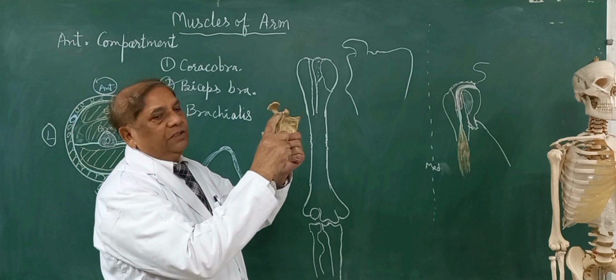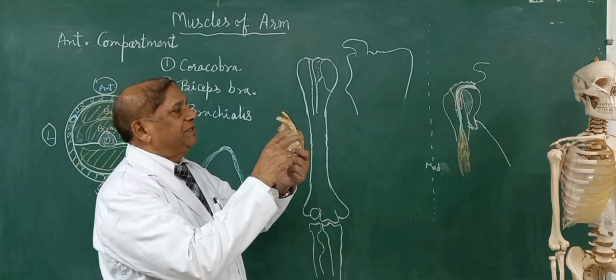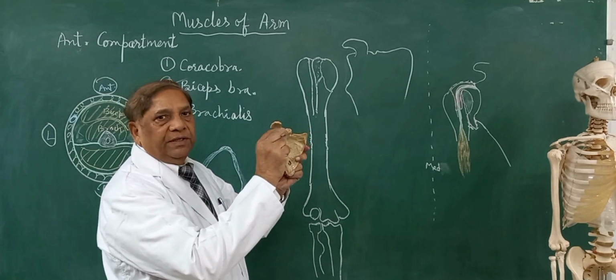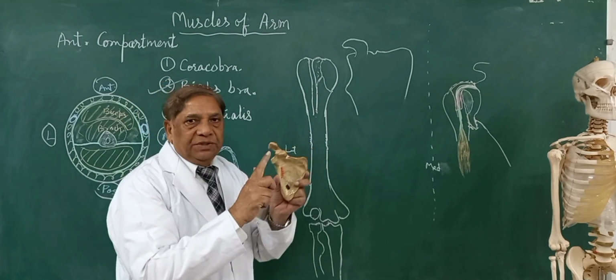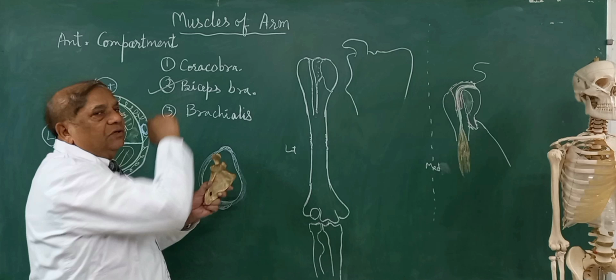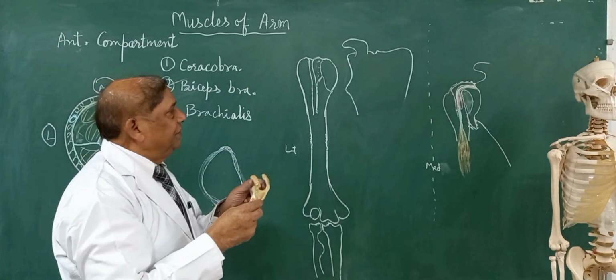The origin of this short head of the biceps is from the coracoid process, from the tip of the coracoid process in common with that of the coracobrachialis muscle, which we have learned in the last video.